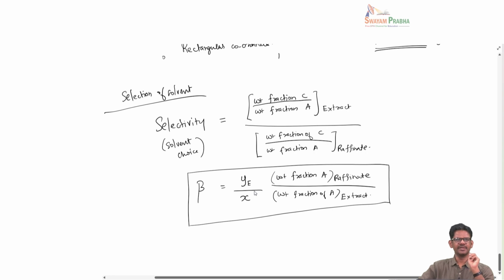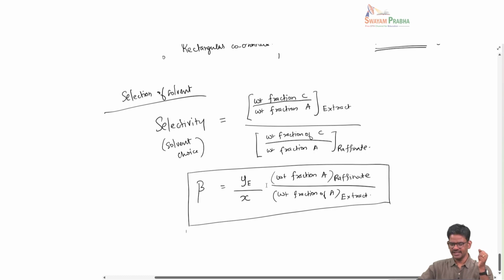For example, if you have a feed consisting of 50% of component C and you want to reduce that to 10% of C, then in that concentration range you find the value of beta, and when you choose your solvent, you find beta for those solvents over that range of compositions and then make a choice.